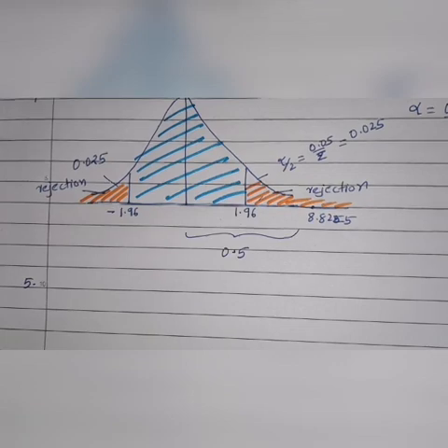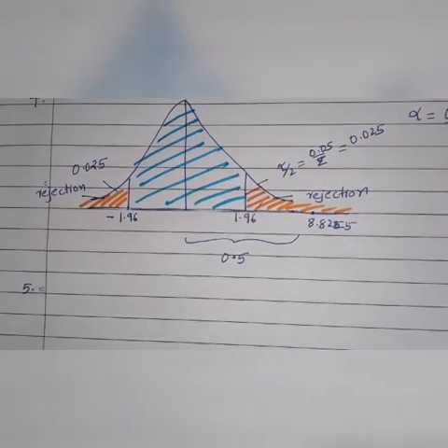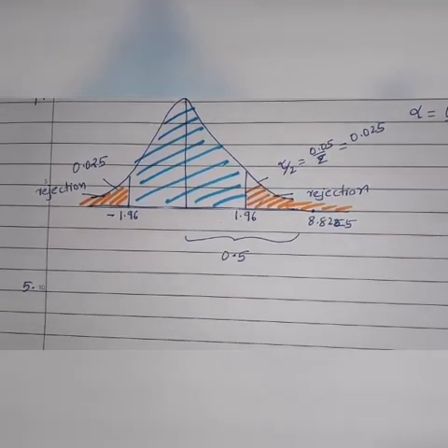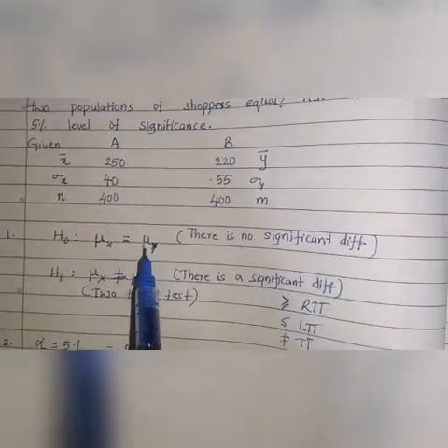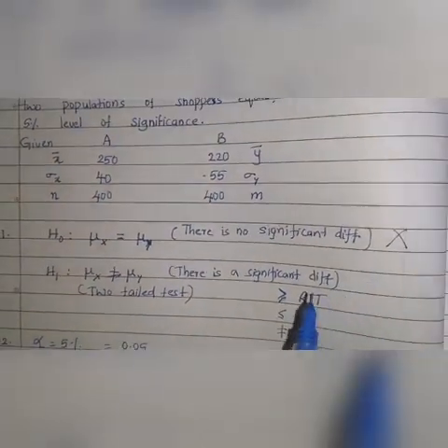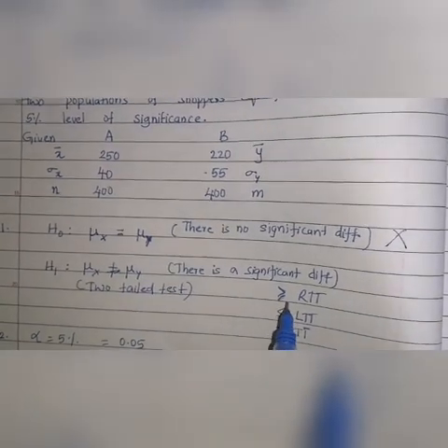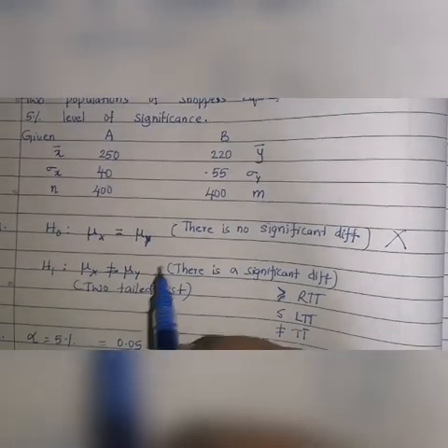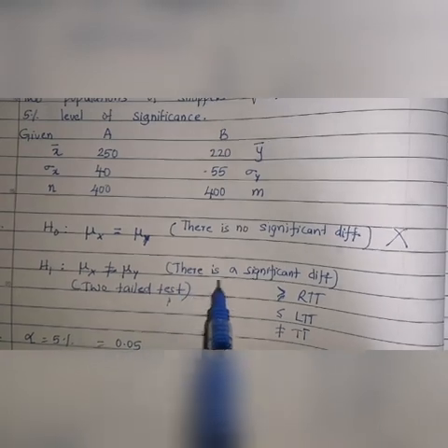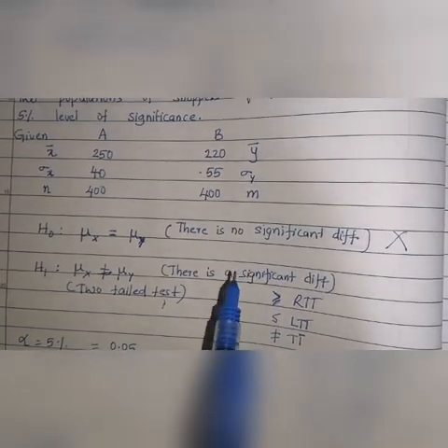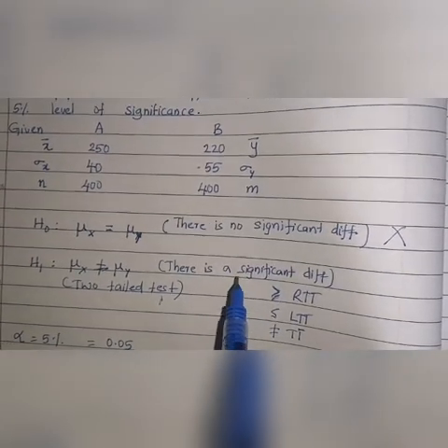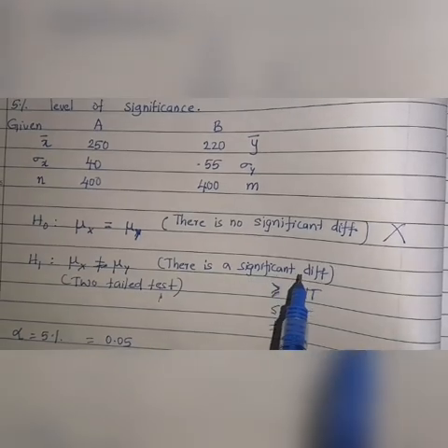Hence we say there is a difference in the shopping habits of the two populations. The alternate hypothesis is there is a significant difference in the buying habits, shopping habits of the two populations.